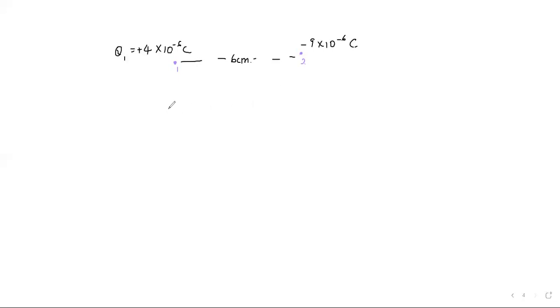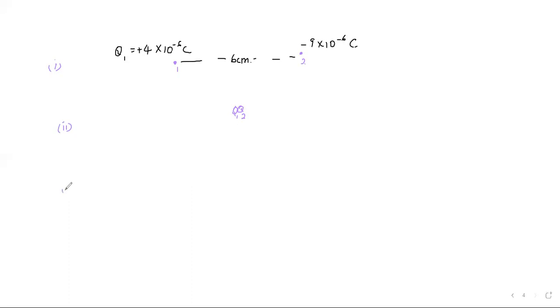Now, they say charge 1 and charge 2 are brought into contact. Let's charge 1 and charge 2. They touch each other. This is the first scenario. They touch each other.